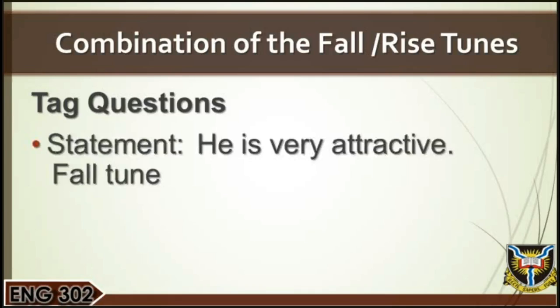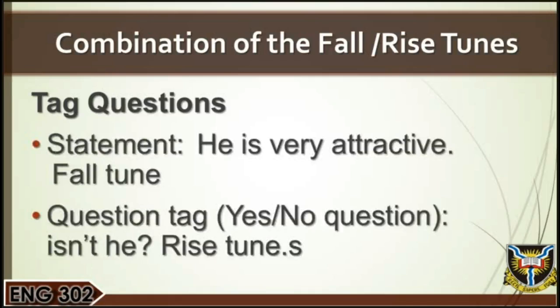Let us look at the following. Statement: fall tune. Question tag: yes or no question, rise tune. These two have to be combined such that the first part will take a fall tune as statements do, and the tag will take the rise tune as yes or no questions do. He is attractive, isn't he?